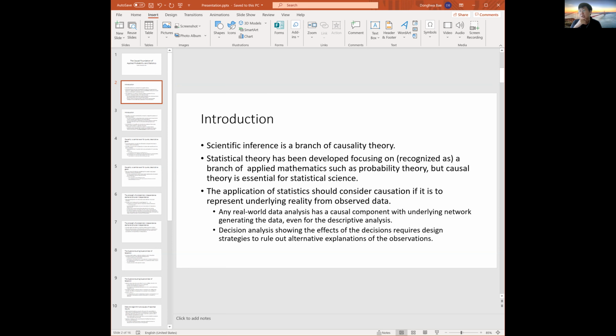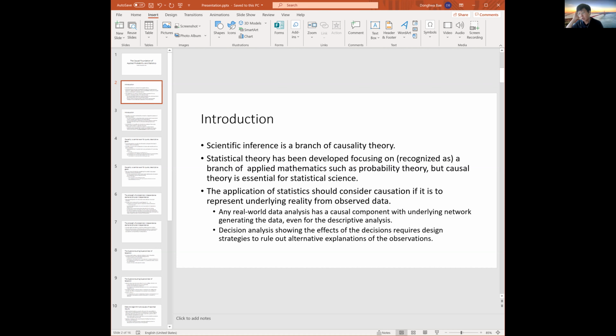It means that the application of statistics should consider causation if it is to represent underlying reality from the observed data. That is because every real-world data analysis has a causal component with an underlying causal network generating the data, even for the descriptive analysis.